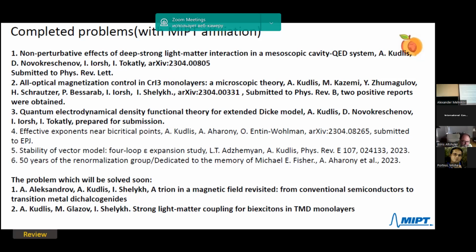As you see, the first three points are connected with my proposal, and regarding the second point, as Professor Shelikh told us, we've obtained two positive reports from the referee in Physical Review B. Regarding the third point, all work and almost all parts of the publication are prepared.